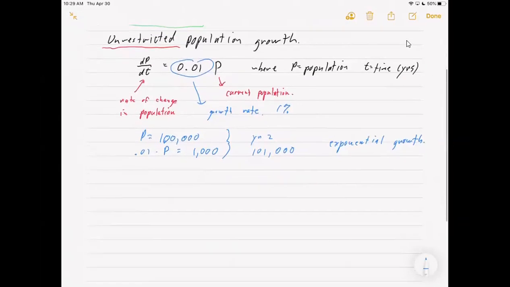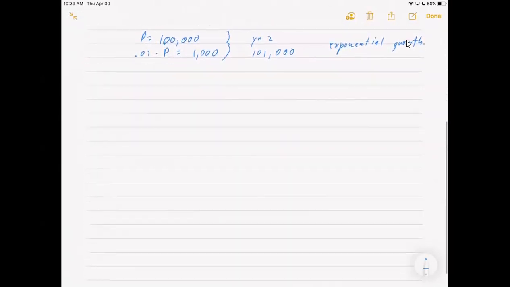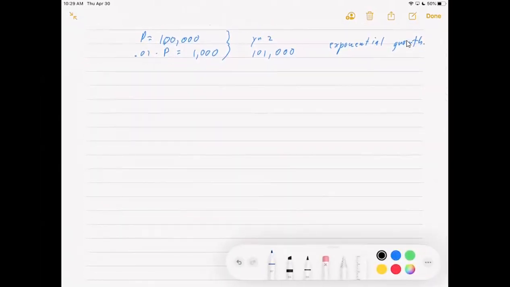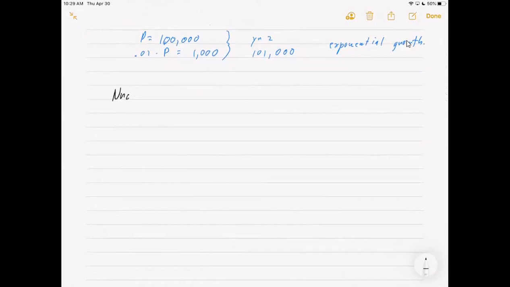All right, let's look at another model. Let's look at nuclear decay. All right, so if you have a few grams of an actively radioactive substance, the radioactive portion of it will decay away. It doesn't disappear, it turns into something else.